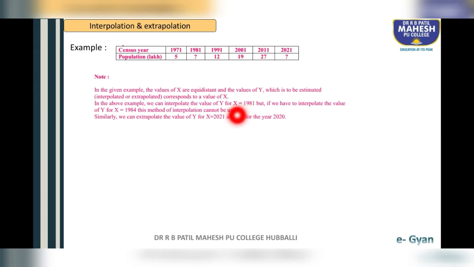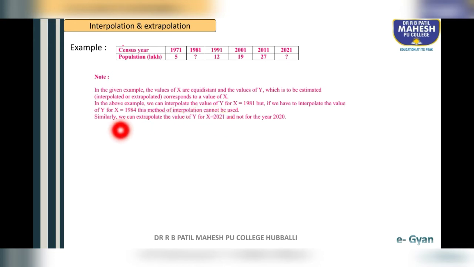To interpolate the value of y for x equal to 1981, you can use this method. But if we have to evaluate y for x equal to 1984, this method of interpolation cannot be used.